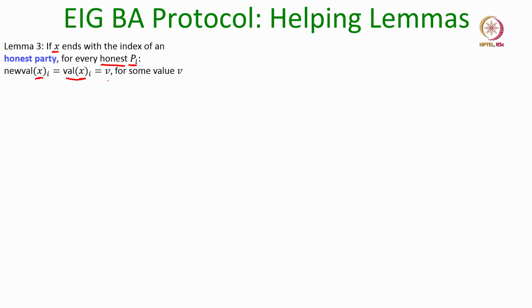It won't be the case that the old value was different and the new value, which is computed based on the majority rule, is different, and this holds with respect to every honest party's local copy of the EIG tree, provided the node x ends with the index of an honest party. Now, this proof will be done through a backward induction on the size of x.